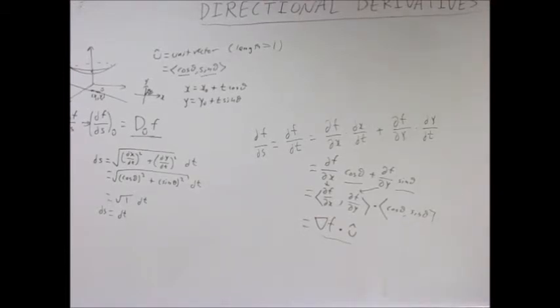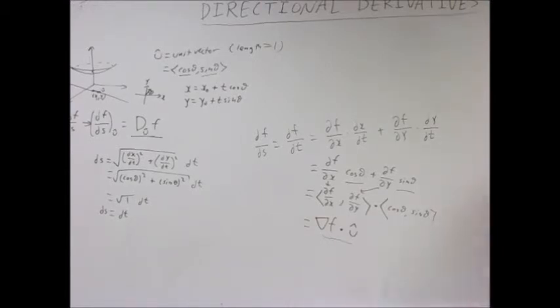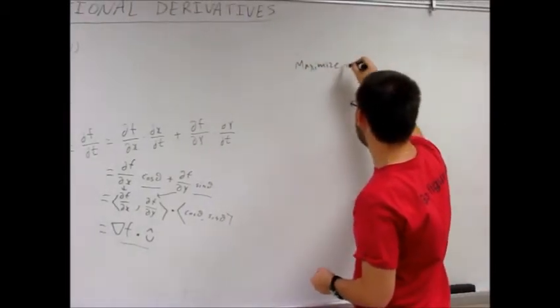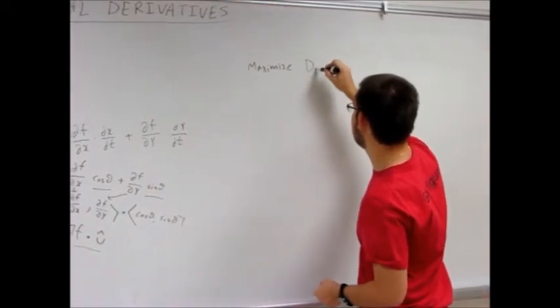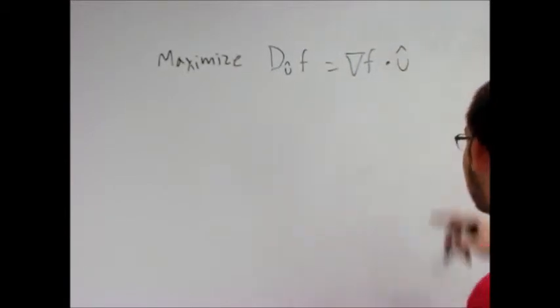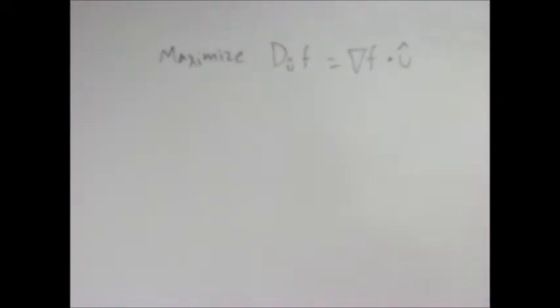And so, the question of which directional derivative, or which direction, or which angle, for example, will give us the highest rate of increase, is a question of how do we maximize the directional derivative of f, which we know is gradient of f dot product with the unit vector in that direction. And we know that this doesn't change, the only thing that changes is the direction. So we're trying to find which is the maximum direction.